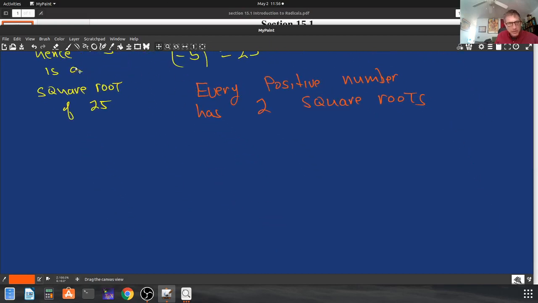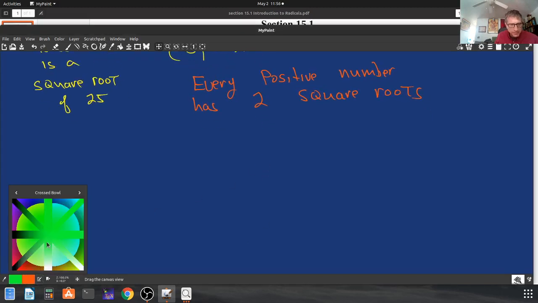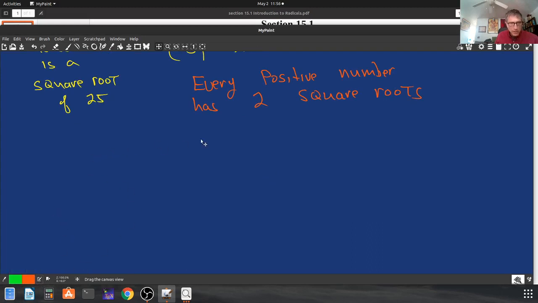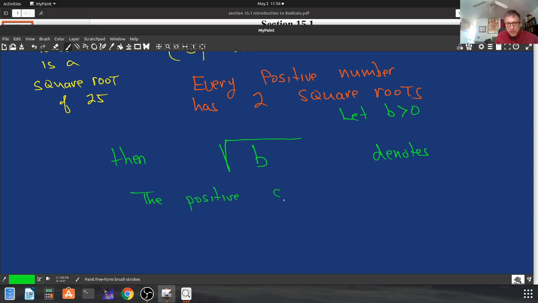And here is the thing. This symbol right here, if b is greater than 0, then this is just a symbol that denotes the positive square root of b.